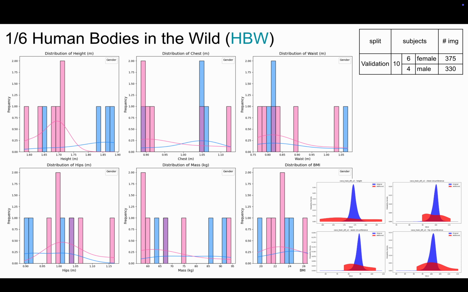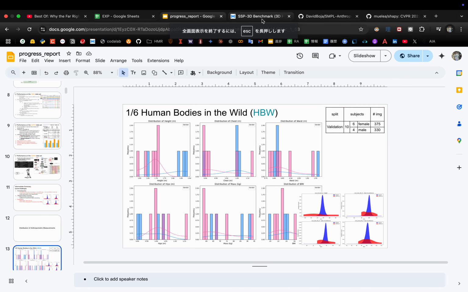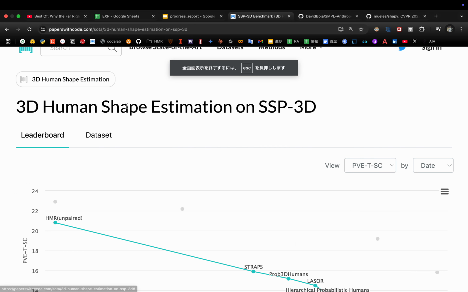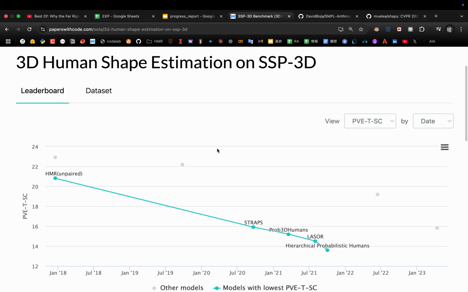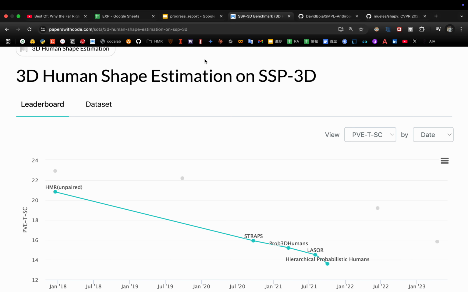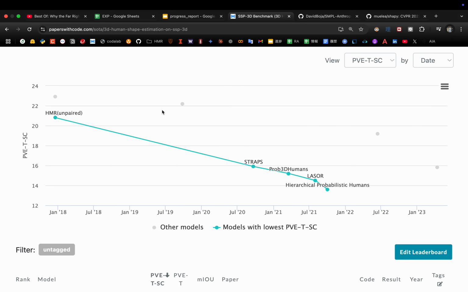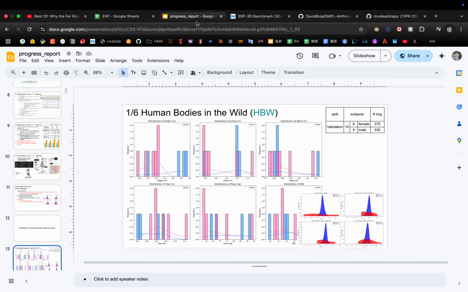So the task is called human shape estimation. In the current setting, there are two data sets that most people use for this task. The first one is called SSP-3D, and the latest one is called HBW.